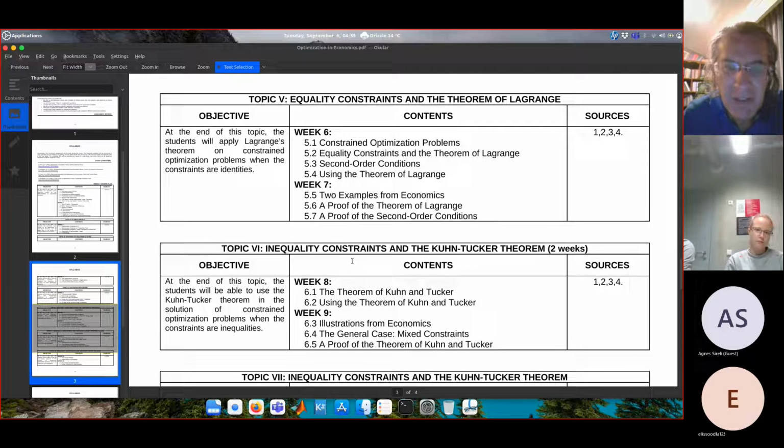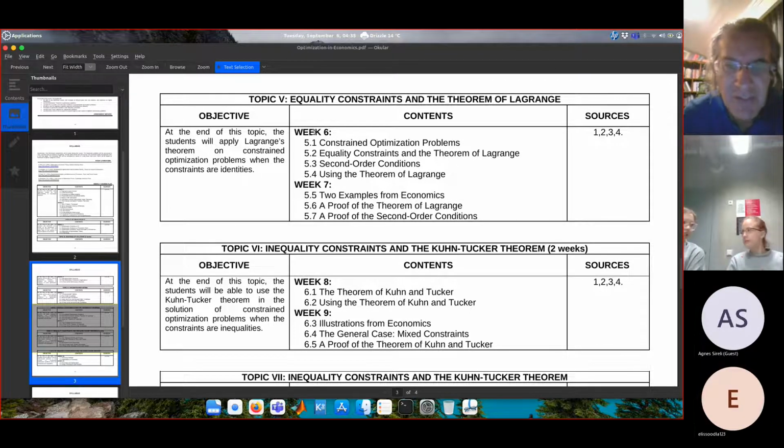For topic number 5, we're going to talk about equality constraints and the theorem of Lagrange. In this case, we are going to optimize a function, and the constraints are going to be identities. The objective is, at the end of this topic, the students will apply Lagrange's theorem on constraint optimization problems when the constraints are identities.